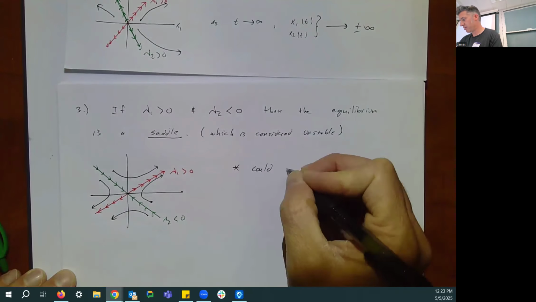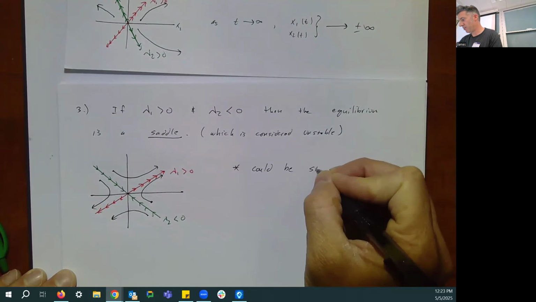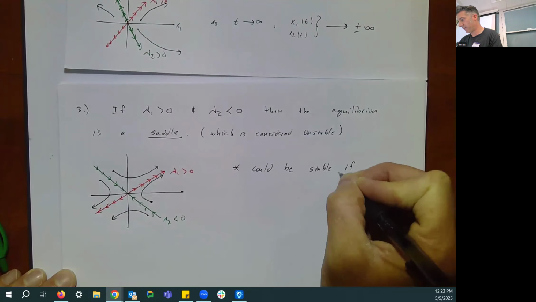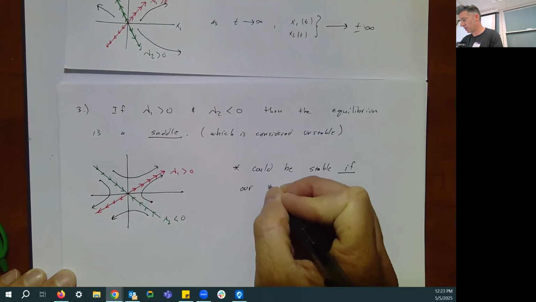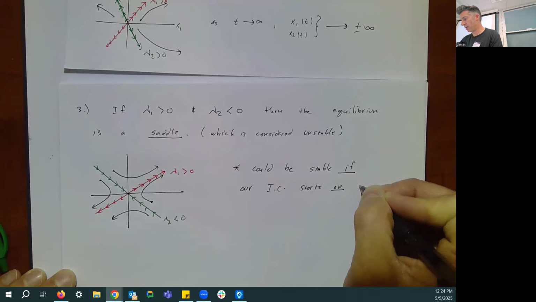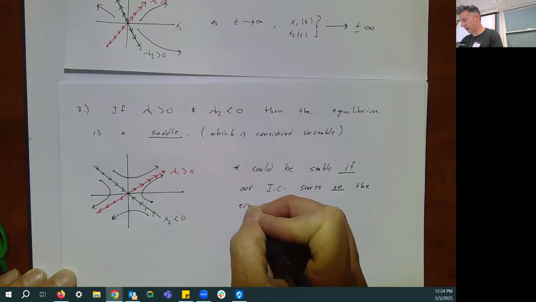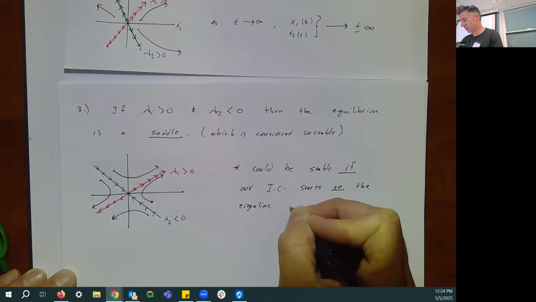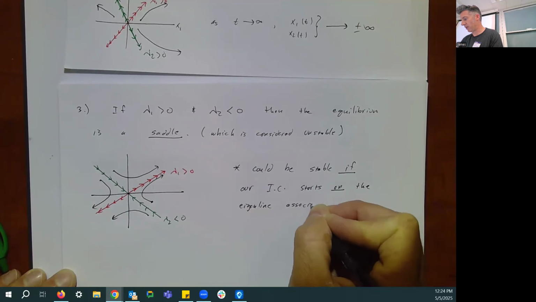It could be stable if our initial condition starts on the eigenline associated with the negative eigenvalue.